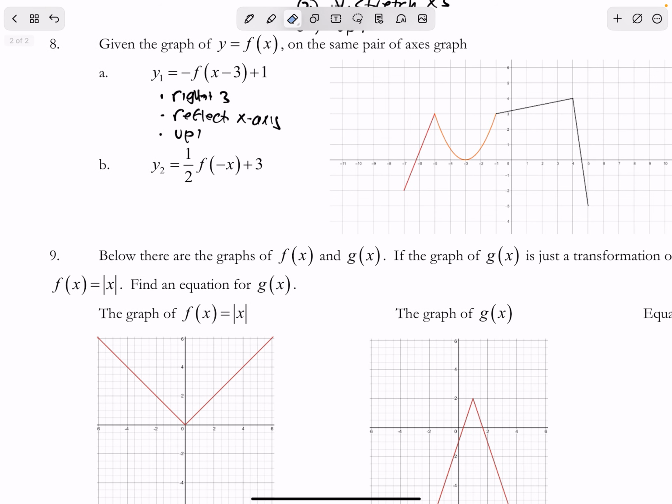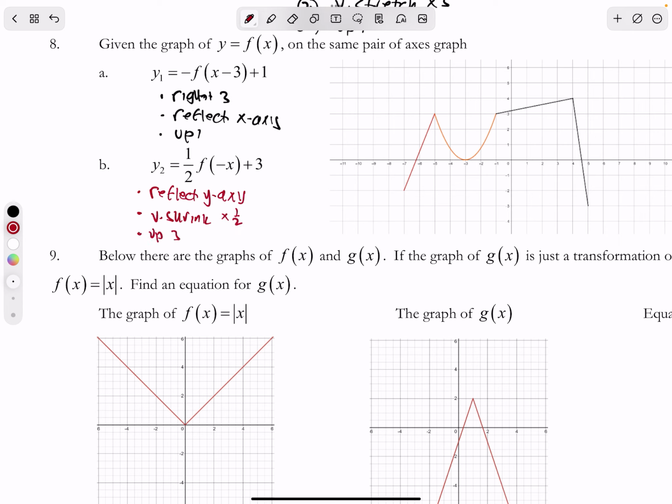All right, we'll go red here. Now we're going to reflect over the y-axis. Number 2, vertical shrink because it's a fraction less than 1, by a factor of 1/2, and then up 3.